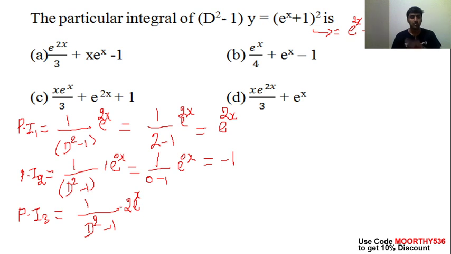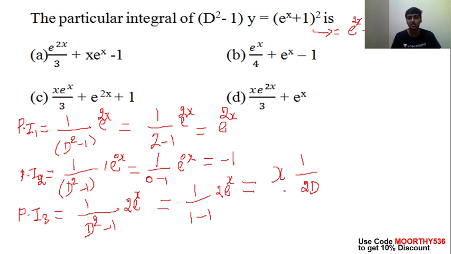Replace the value here: instead of D we are replacing 1, so it is 1 divided by 1 minus 1 into 2 into e power x. Since 1 minus 1 is 0, we have to multiply by x in the numerator, then differentiate the denominator one time.